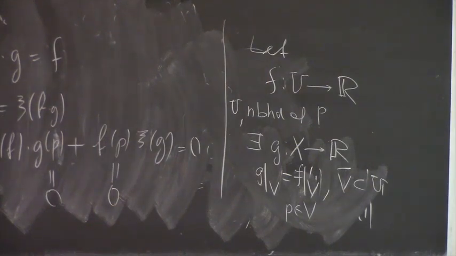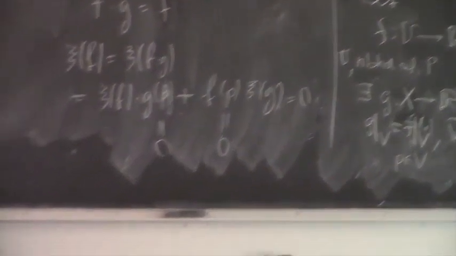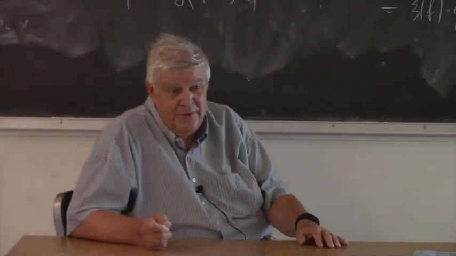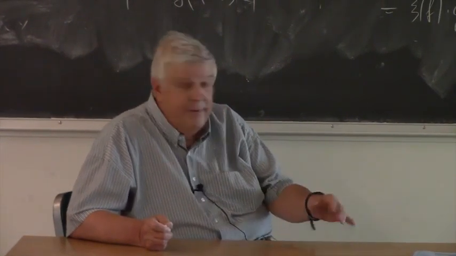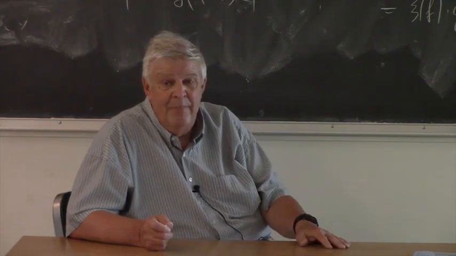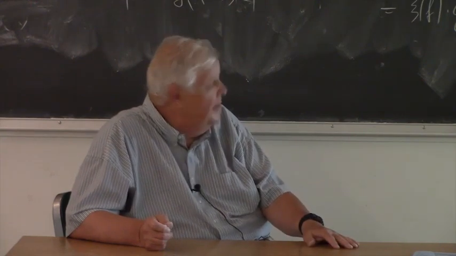And this is very simple. It follows from, as everything follows from, the partition of unity, which we need to apply to prove this. But otherwise, it's very simple. Then what to do? How to define Xi of f, where f is defined only in some neighborhood of p?